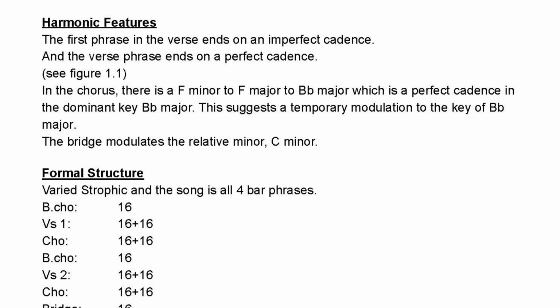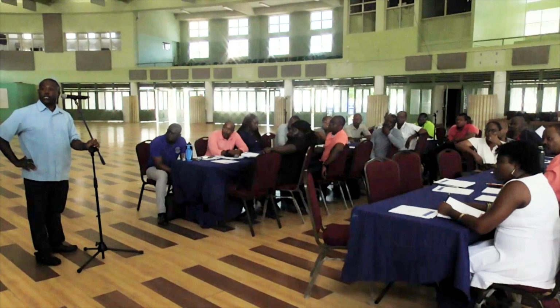Harmonic features. The piece is in E major. He says again, the band chorus begins in the relative minor, which is C sharp minor. That's true. And the first 4 bars and all the phrases are in perfect cadences, and also a perfect cadence at the end of the band chorus.